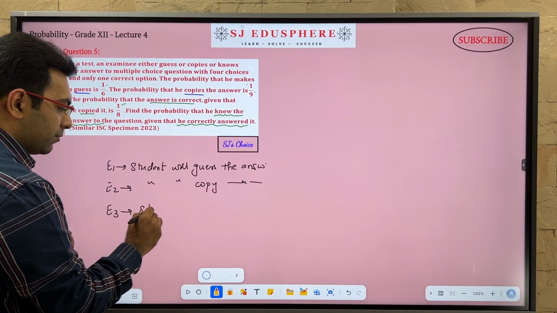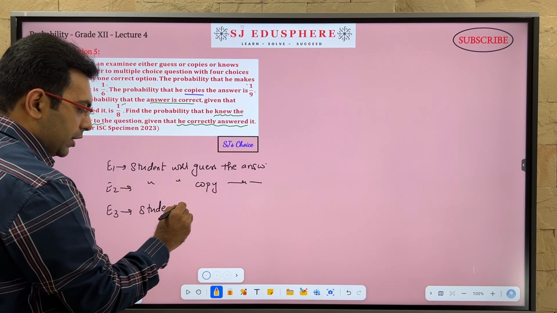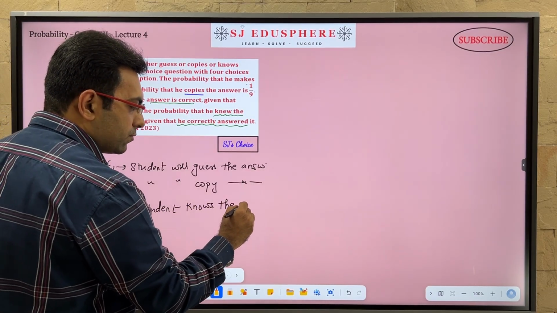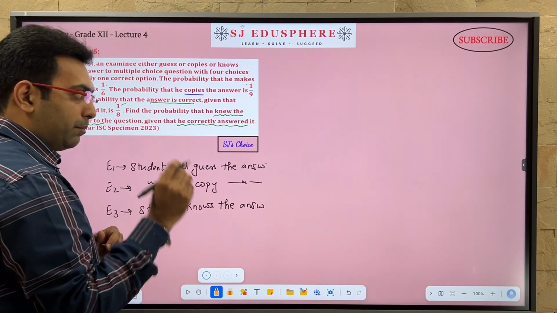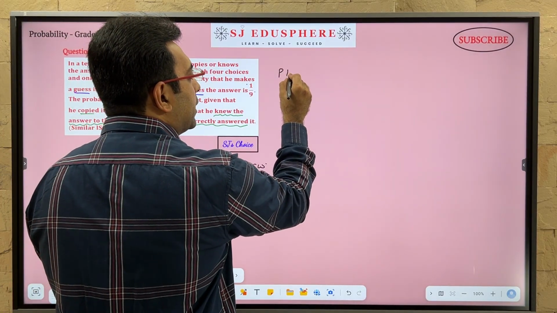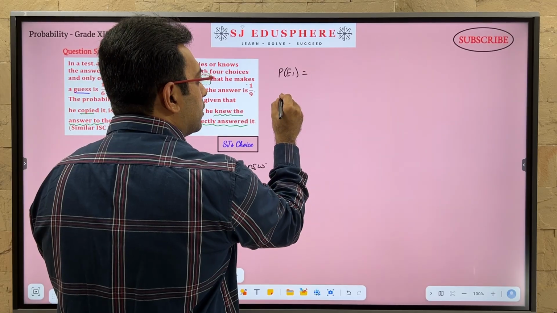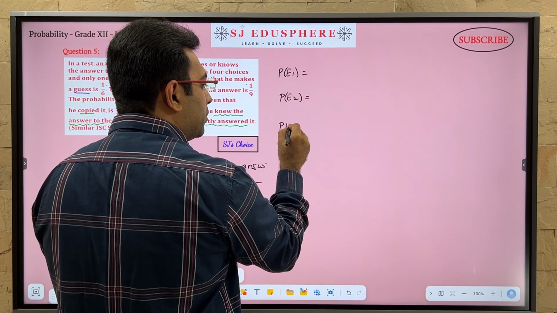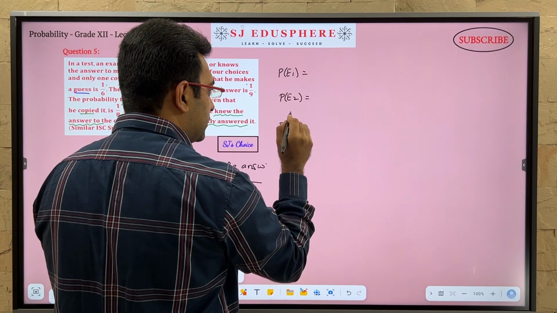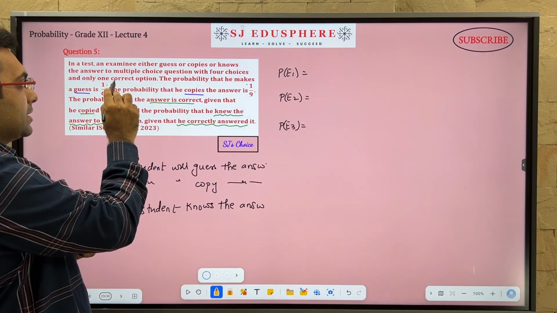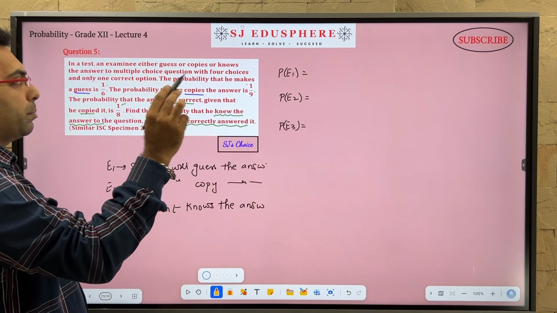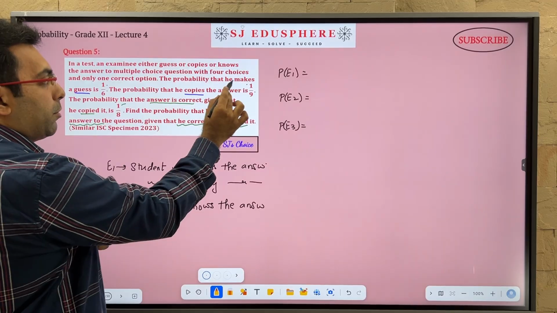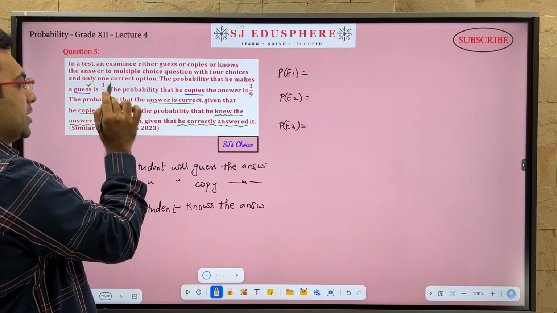And E3: student knows the answer. Okay, please understand. Probability of E1, probability of E2, probability of E3. Now, in a test, an examinee either guesses, copies, or knows the answer to a multiple choice question. The probability that he makes a guess is 1 by 6.